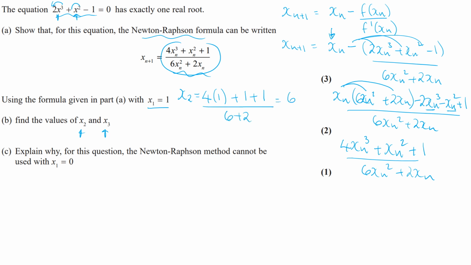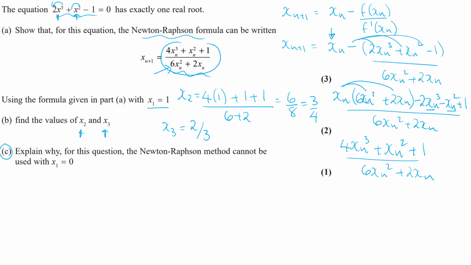So that is going to be 6 over 8, which is 3/4. Now to get x3, just put 3/4 back into here, and if you do all that, it comes out to give you 2/3.